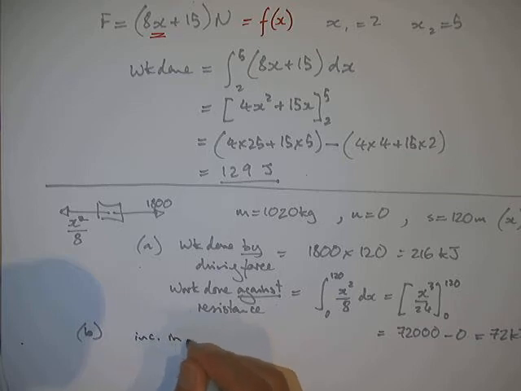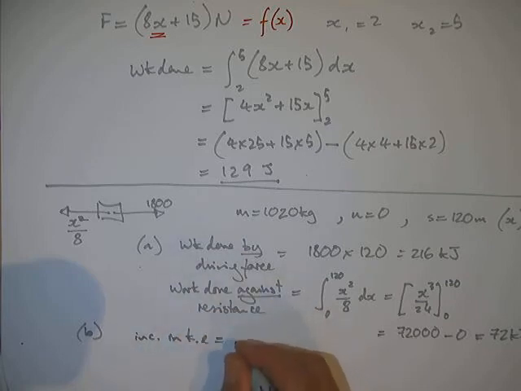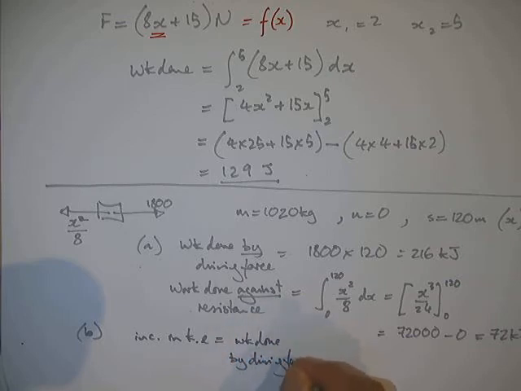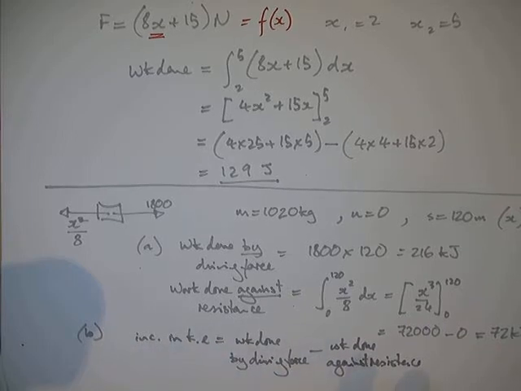The increase in kinetic energy will be the work done by the driving force, take the work done against the resistance. Why is that going to help us find the speed? Because the kinetic energy is half mv squared.